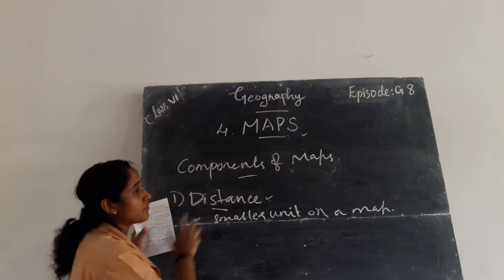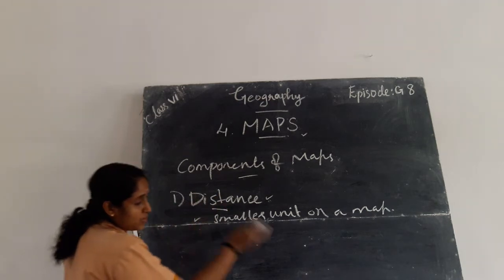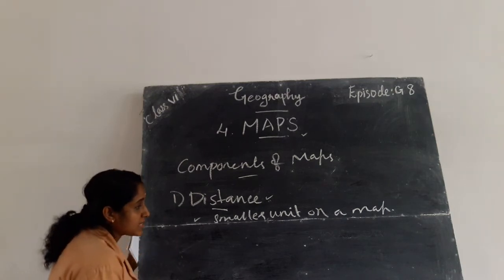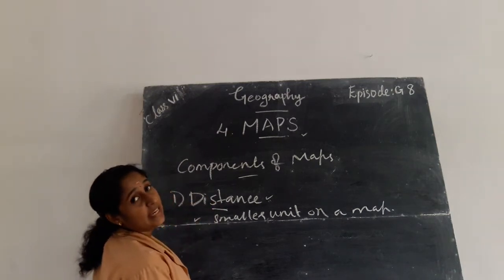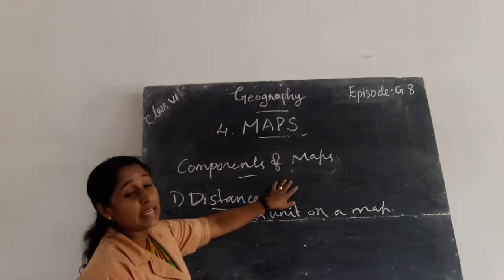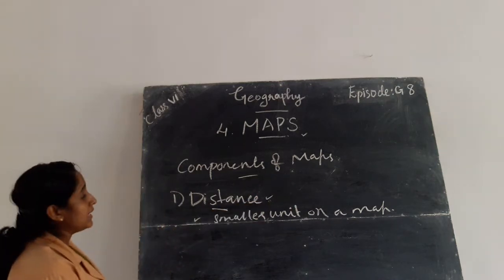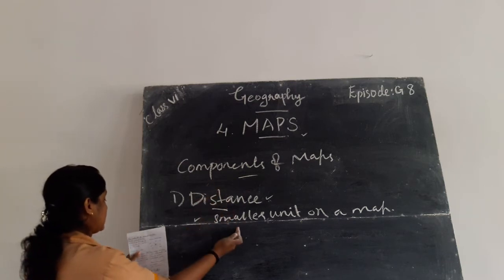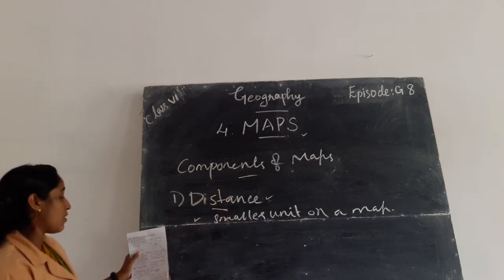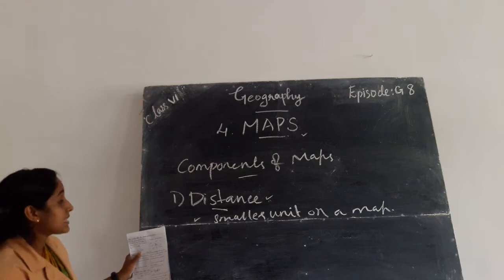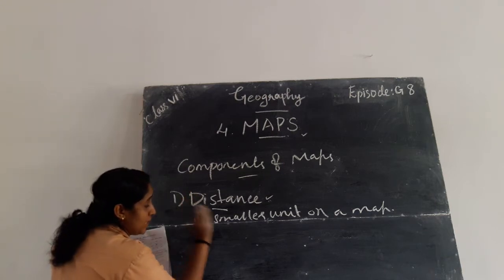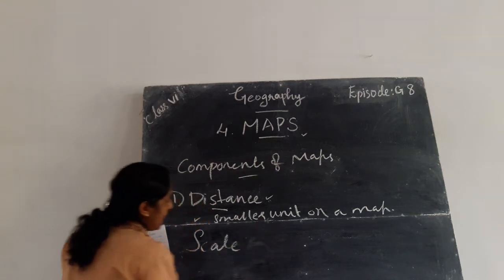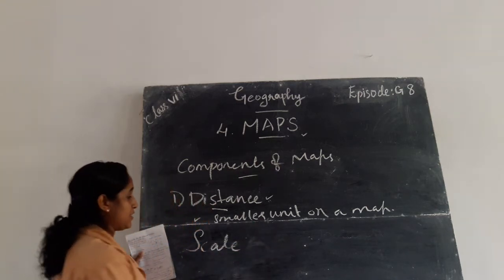The distances from country to country, state to state are very large. So on a map we use a small unit to show the distance. The ratio between the distance on the ground and the distance on the map is known as scale. So we use scale for accurate distance measurement.